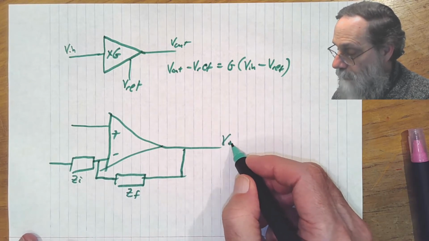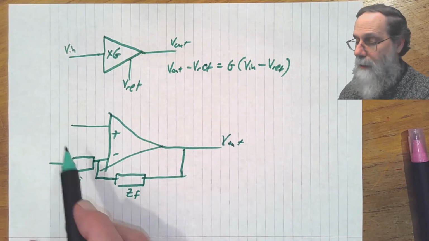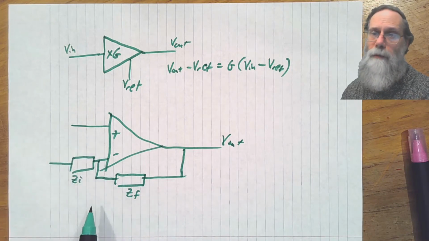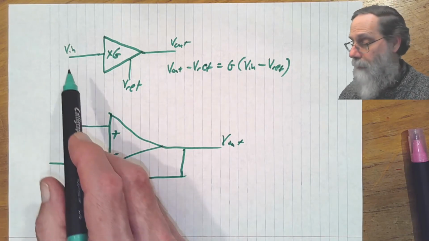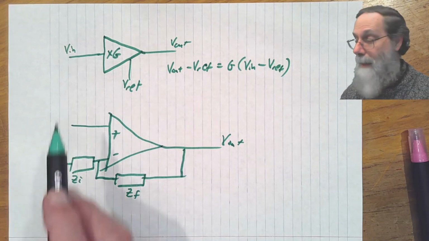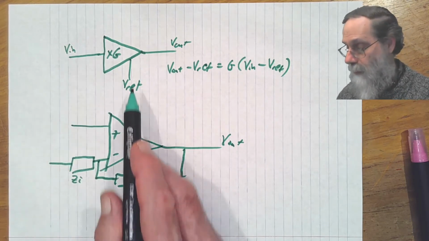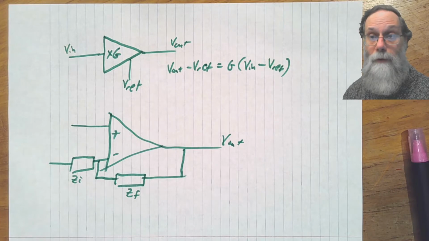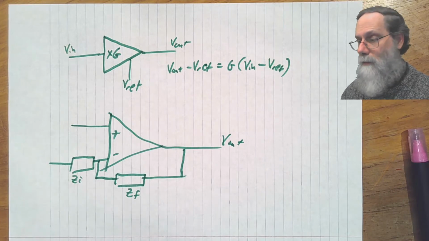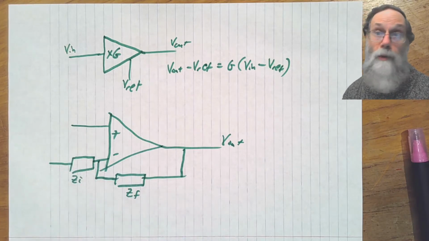The outputs correspond. Now we have two inputs here to this negative feedback amplifier. We have two inputs over here, the main input V in and this sort of constant side input Vref. Which one of these is V in? Which one of these is Vref?